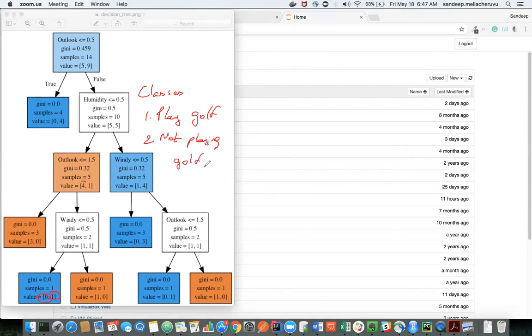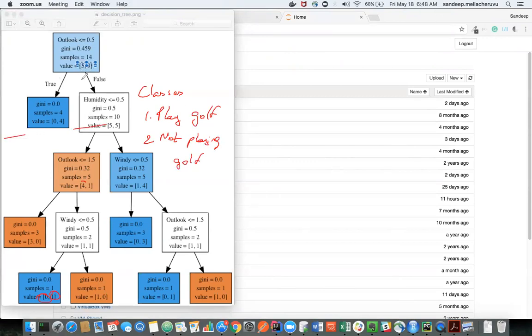Now, how am I doing this? I am doing this by splitting the data. Now, what is splitting the data? So initially, I have all my data like this.